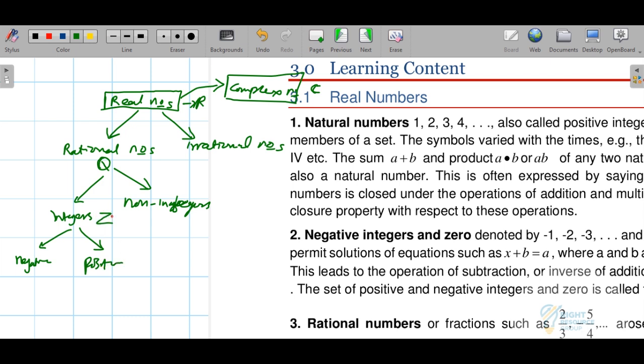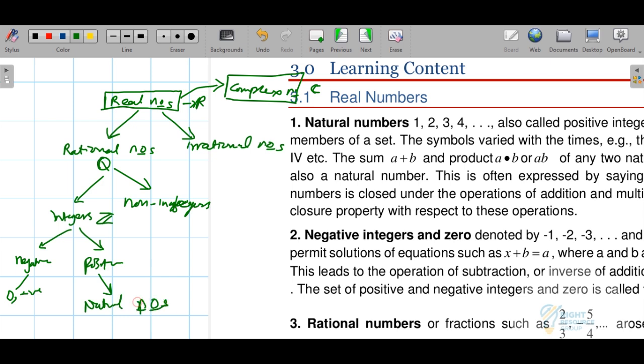Integers is represented as letter Z. Under the negative integers, we have 0 and negative numbers. Under the positive integers, we have natural numbers.